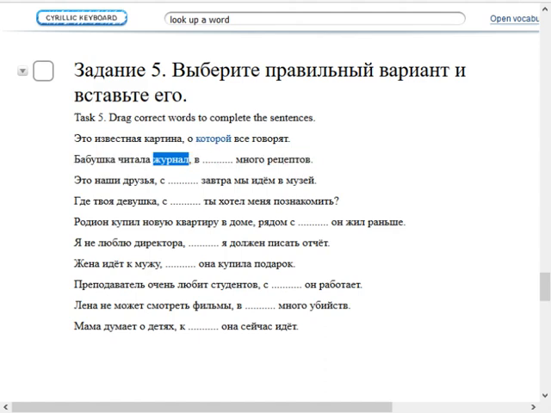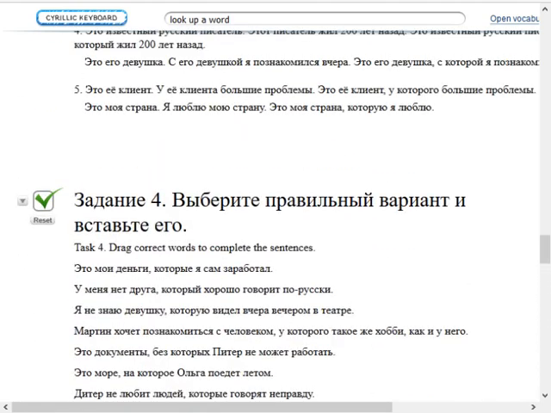Journal is a magazine. A newspaper is a gazeta, but journal is like a magazine. So Babushka read the magazine in which there are many recipes. Journal should be masculine because it ends in a consonant, and here it's prepositional because we're saying in the magazine.